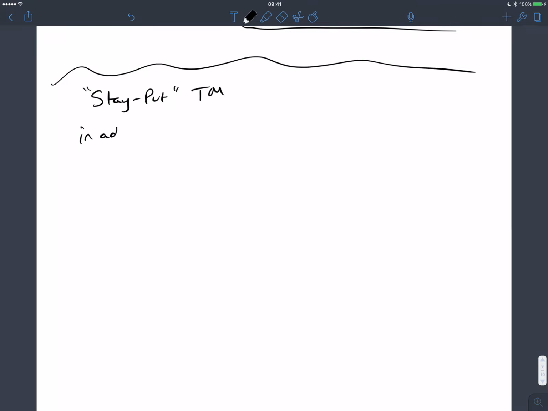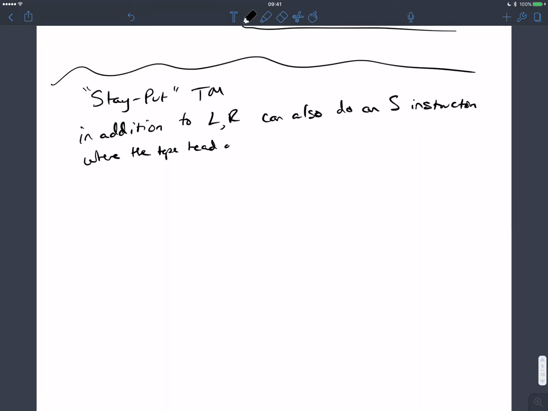So in addition to left and right, it can also do an S instruction where the tape head does not move.